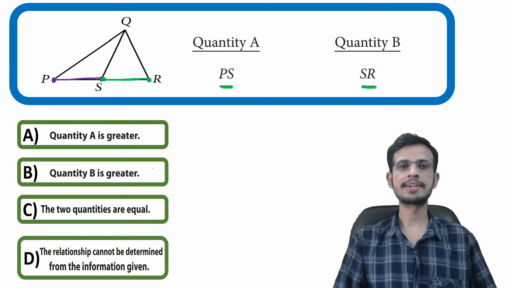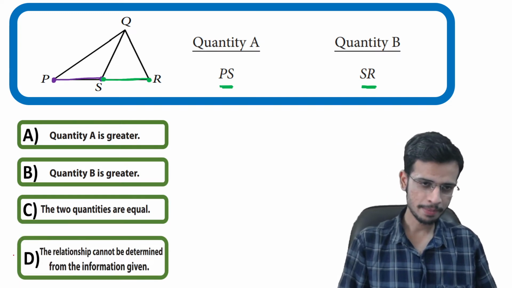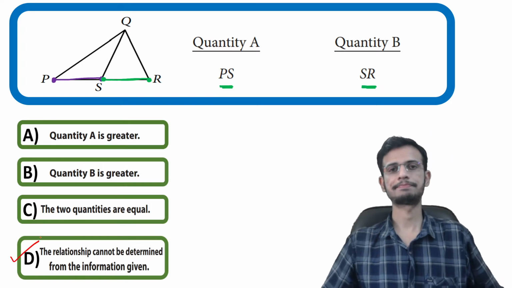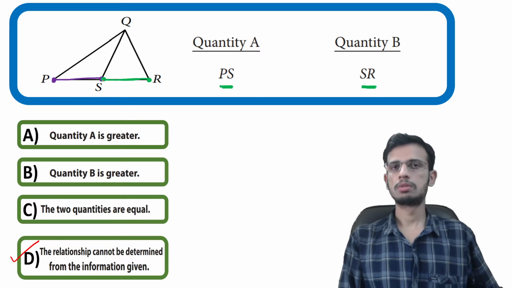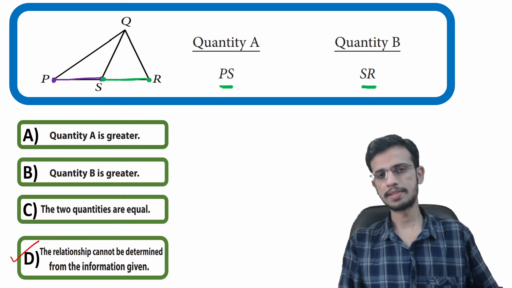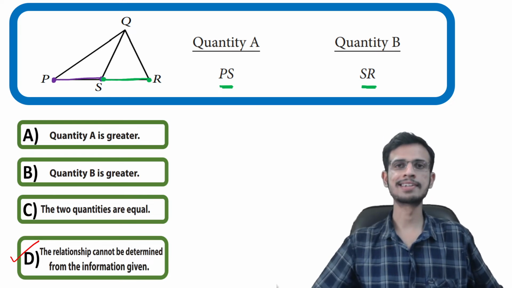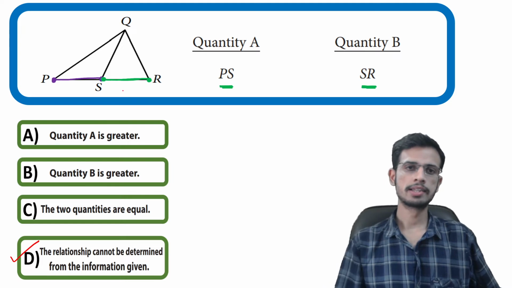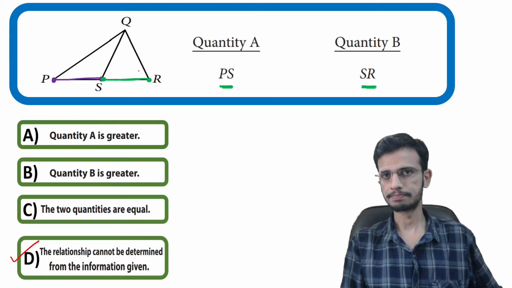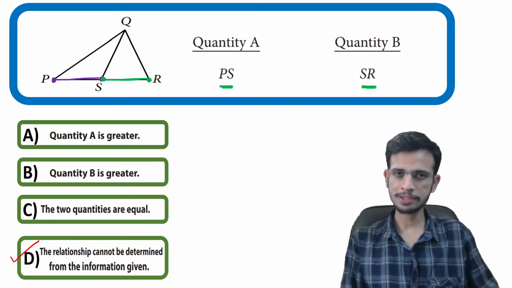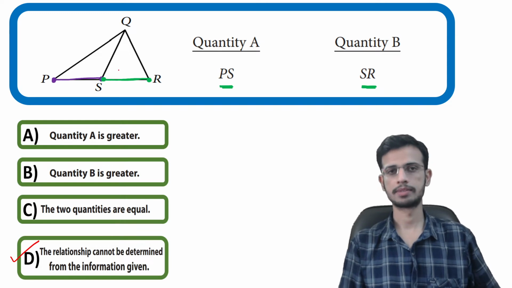So in this question, the correct answer will be option D, right? Because we don't know the lengths of these portions, and by just seeing the diagram, we cannot conclude the final answer. Right? This point is on this PR portion, right? But we'll choose option D in this type of question when they are not given exact data.